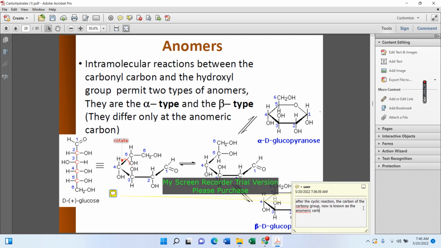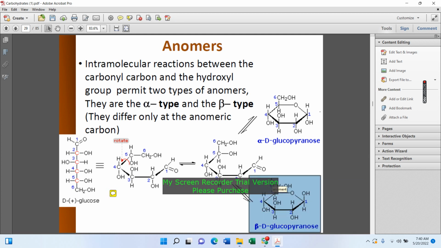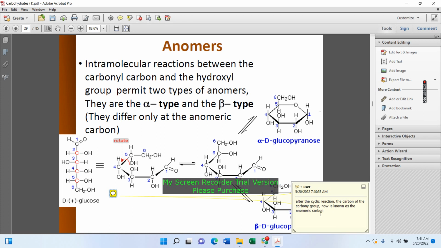Due to this anomeric carbon, the alpha type and beta type anomers differ only at the anomeric carbon.